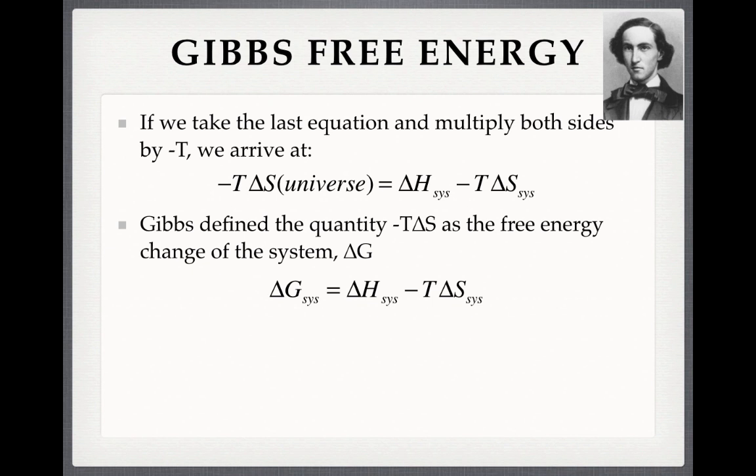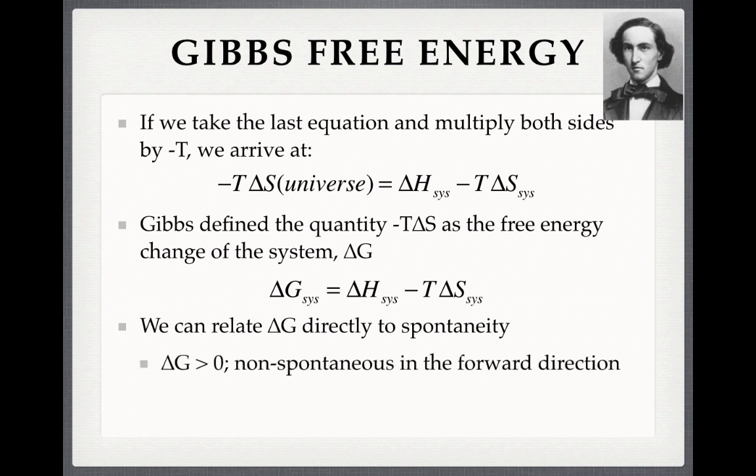And because delta G has delta S as a component, we can relate delta G directly to spontaneity. And since T is a factor in there as well, what we see is that spontaneity is actually a factor of enthalpy, entropy, and the temperature at which the process is taking place.